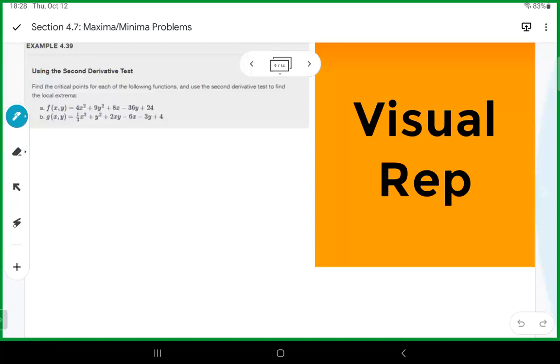So we are going to focus on part A. So the partials are, and nope, we just did that one. Okay, and now we want to set them equal to 0.